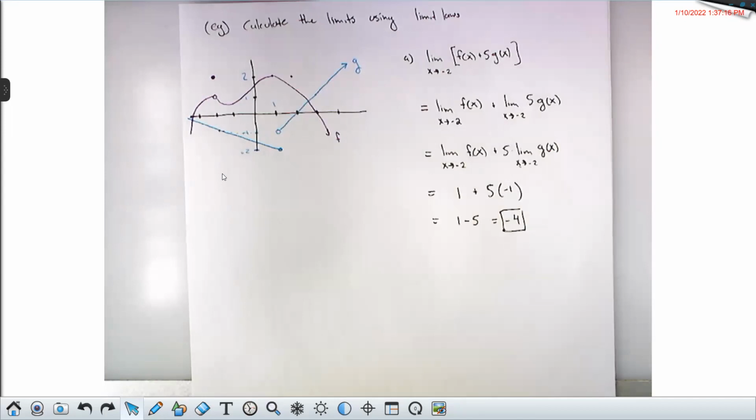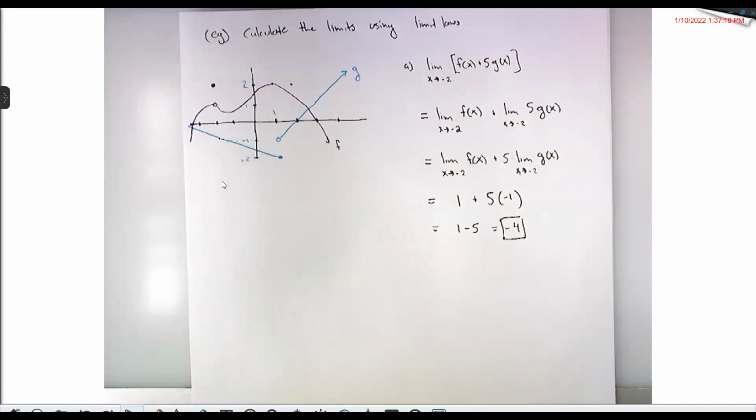Let's look at part B. Part B, we want the limit as x approaches 1 of f times g.